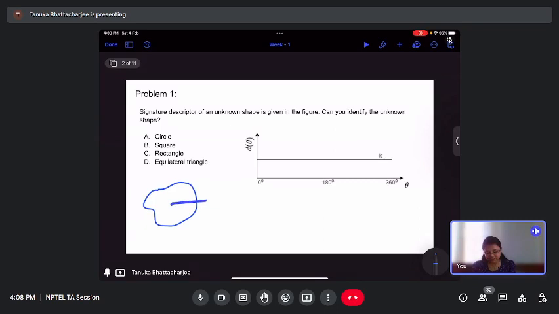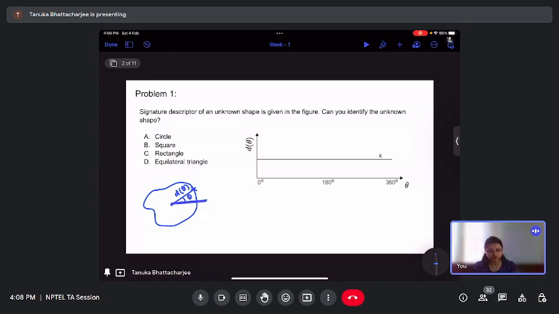Now, for each point on the boundary, if I join this centroid and the boundary point, then the angle that it makes is the theta angle, and this distance we write as d theta or L theta. Now, if we plot theta versus d theta, that graph will give us the signature descriptor.